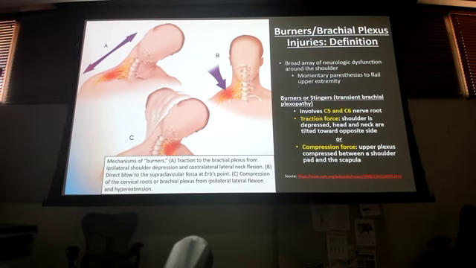Correct? You all agree on that? Okay, don't get them confused, because the history is going to tell you whether or not you should be thinking more about brachial plexopathy versus cervical radiculopathy, because there'll be a story involved with it. Okay? So don't miss that low-hanging fruit. Okay? Right? Okay. Good. Any questions about that?